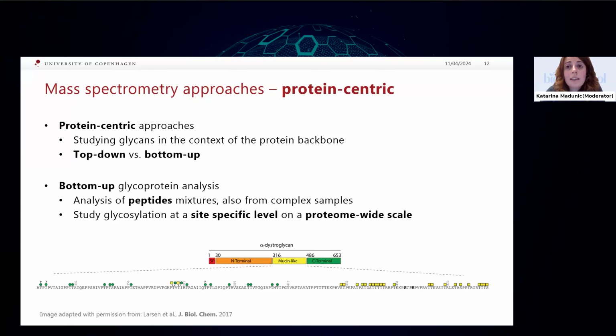Perhaps the linkage-specific ethyl esterification, basically you could derivatize sialic acids in a way that you can distinguish how they are linked to the galactose.